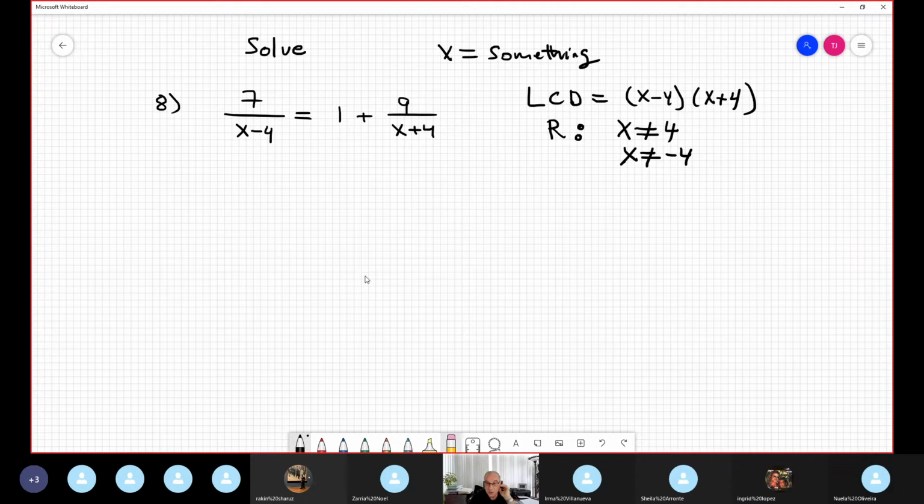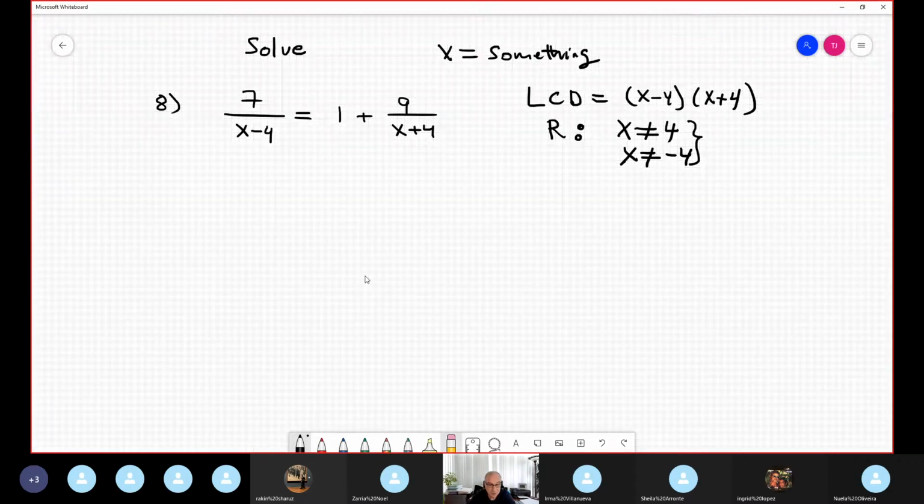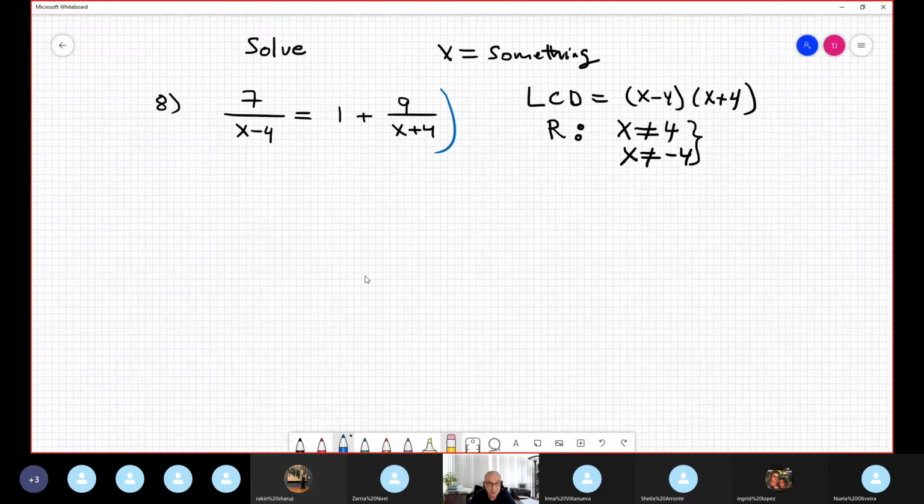Any solution that when simplified makes everything equal to this is a bad guy, therefore do not accept it inside the solution set. Now, crucial moment, multiply the whole thing by the LCD, one by one.